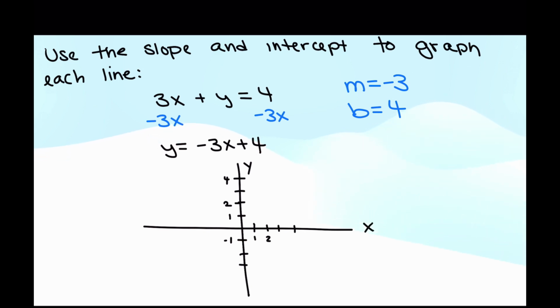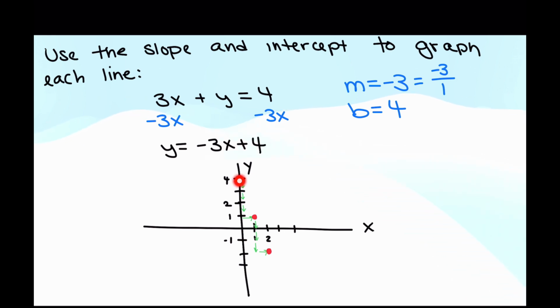So to create my graph, I'm going to start with that y-intercept of 4. So I'm going to go ahead and plot a point at y equals 4 on that y-axis. That's my y-intercept. And then because the slope is -3, we can write that as -3/1. So my rise is -3, down 3, and my run is +1.